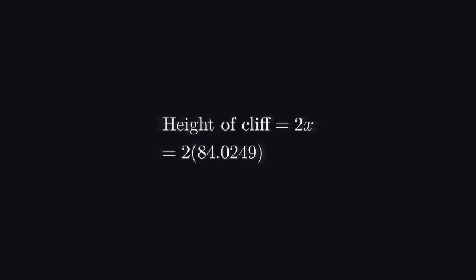Substitute. X equals 84.0249. The full height of the cliff is 2 times 84.0249, which equals 168.0498 meters.